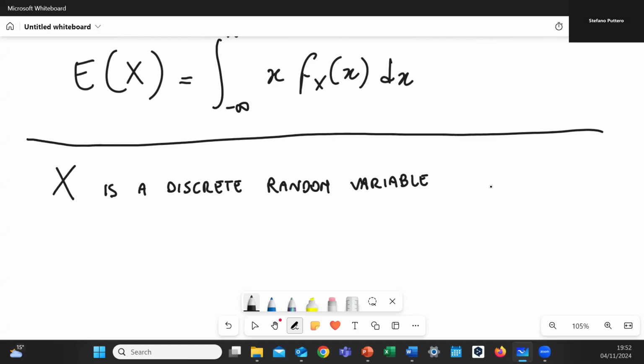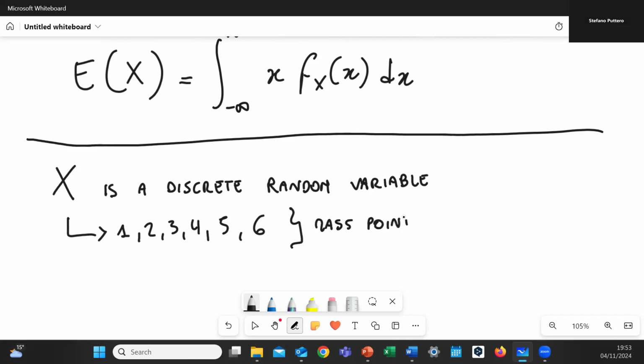Okay? We know that if we roll a fair die, we can obtain 6 possible solutions: 1, 2, 3, 4, 5, and 6. These are all the mass points, so all the possible solutions of our experiment.